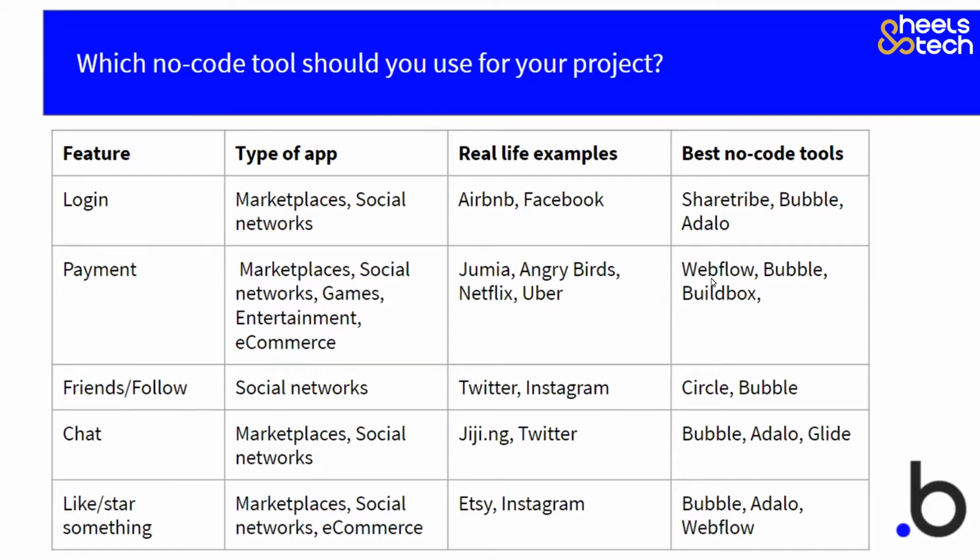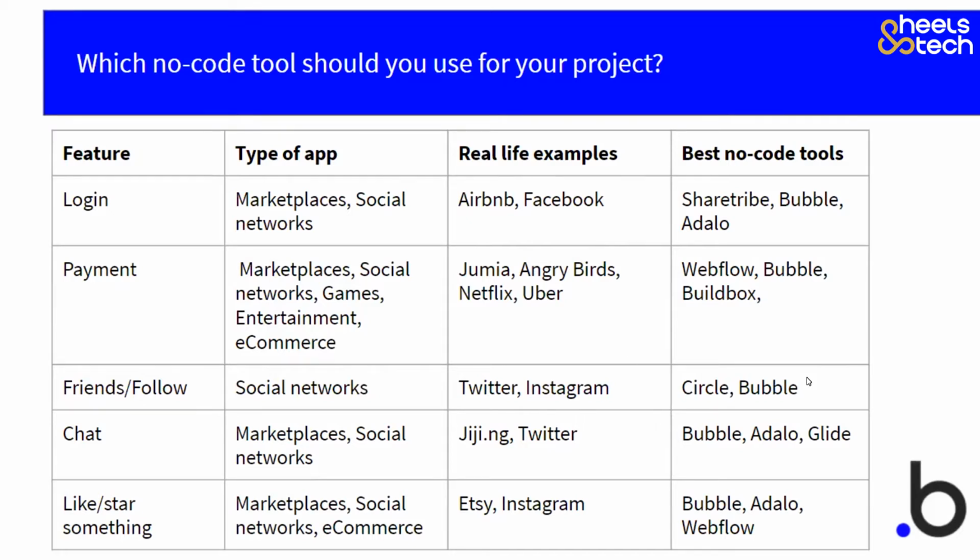Webflow, like I said, is best for designers who want to build an e-commerce website, for example. You can use Webflow for that. Then if there's a feature where people need to follow each other, or make friends, like a social network app, for example Twitter or Instagram, Bubble too can do that as well.